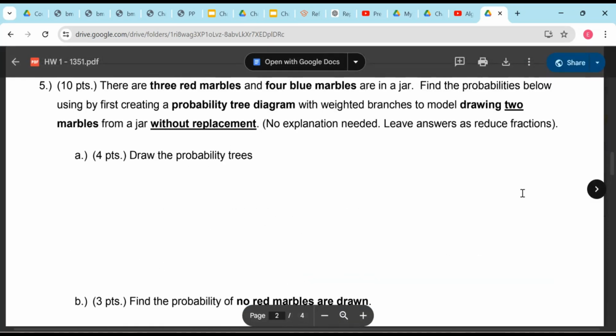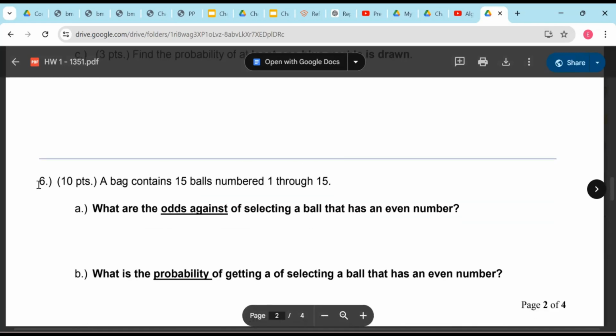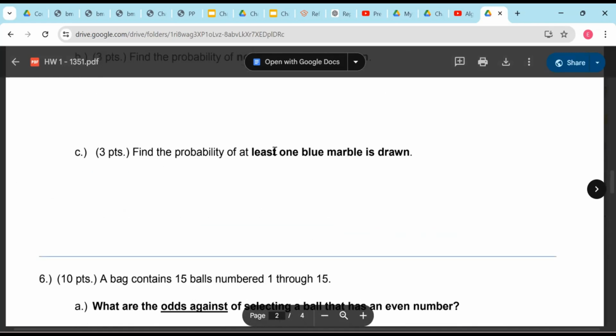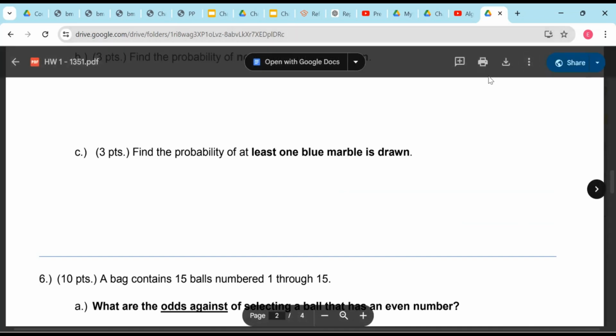Okay, so you need to follow that tree. And then you multiply the tree branches, but you add the different ones. So for example, this is find the probability that at least one blue marble is drawn. So you're going to find all the combinations that have at least one blue marble or two blue marbles, and you're going to add all those probabilities individually.